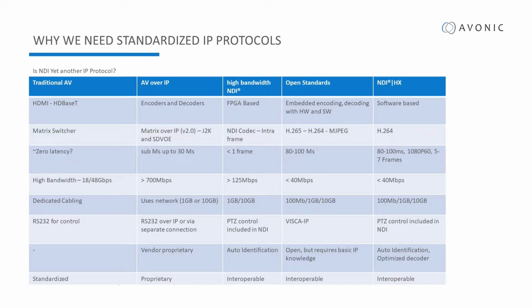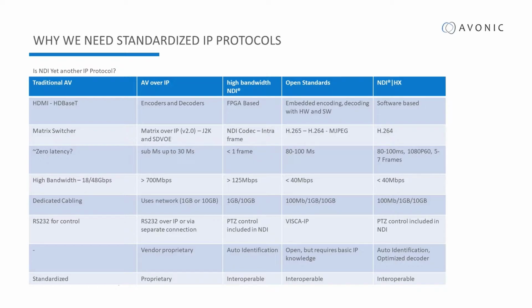What we would see as the AV over IP space now is the world of dedicated encoders and decoders. Where you had a matrix switcher with HDMI inputs and outputs, you now have a stack of encoders and a stack of decoders on the other side, where you're basically doing the same thing, but using a different infrastructure. You're doing everything over IP, so there's no dedicated cable from A to B. There is actually a virtual environment where you can route everything to everything.